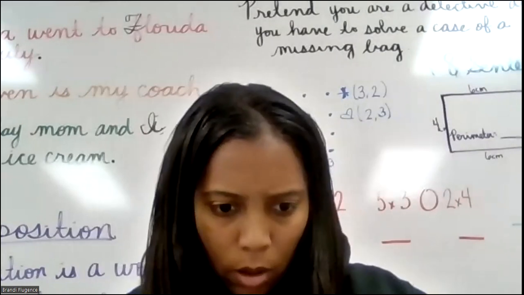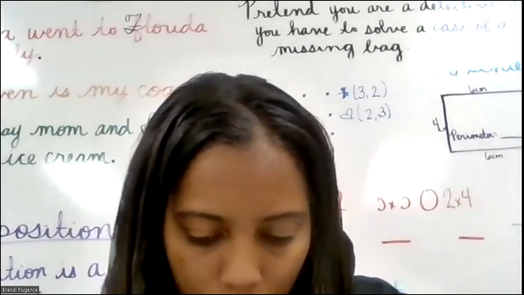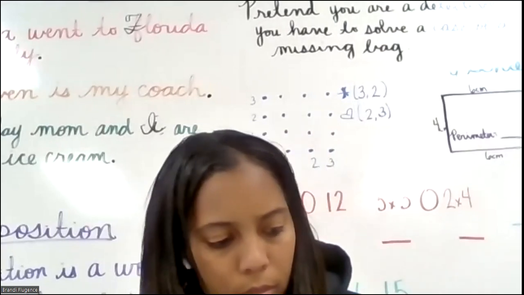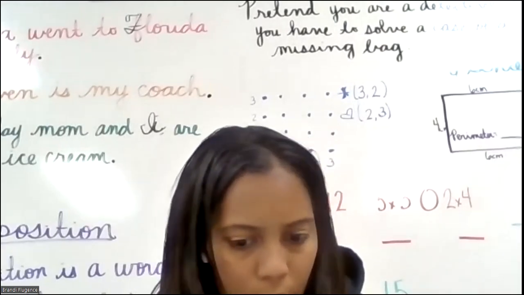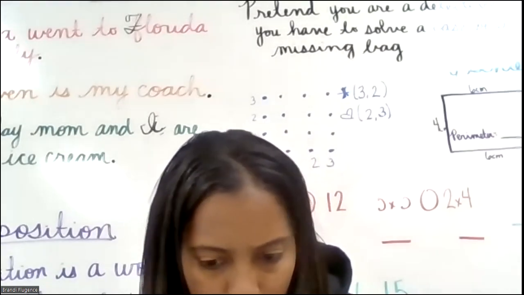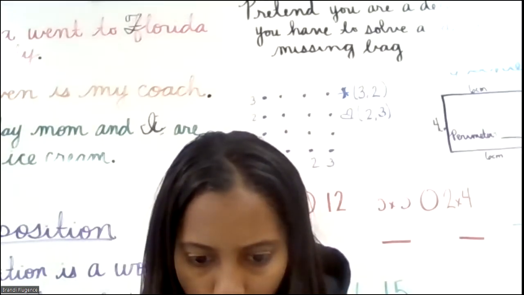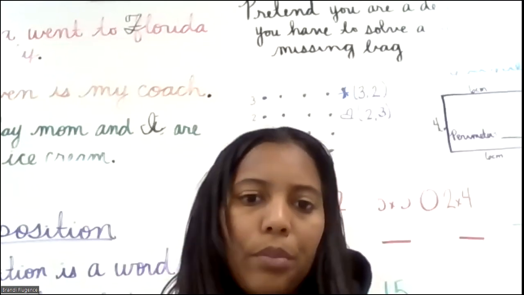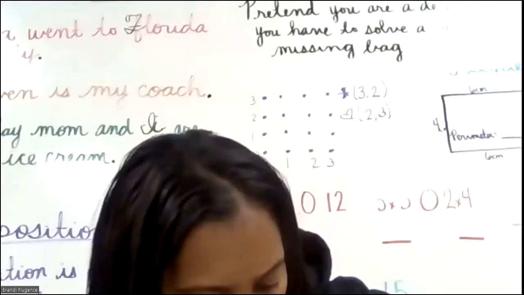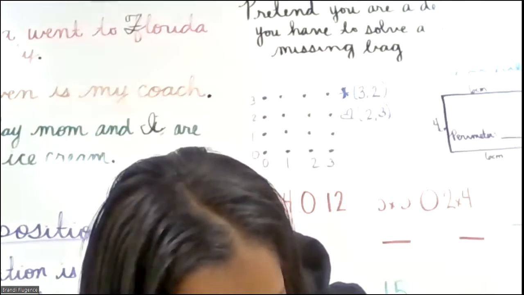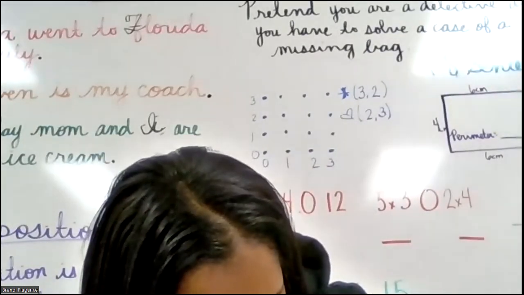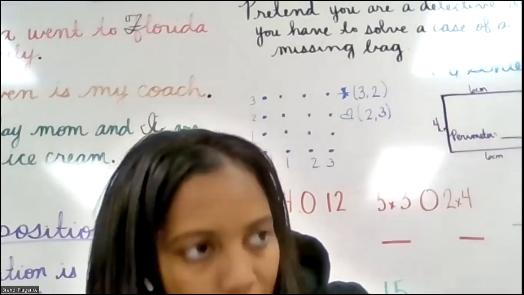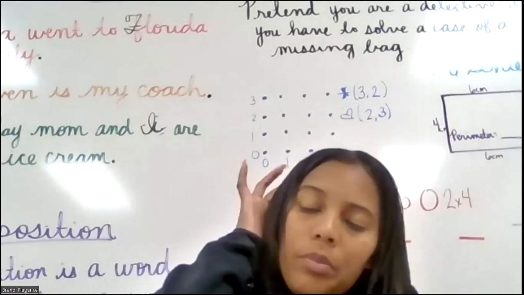So go ahead and color in 3. 3 times 2 equals 6. 3 times 3 is 9.